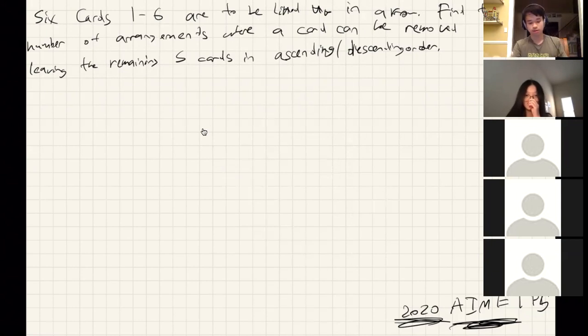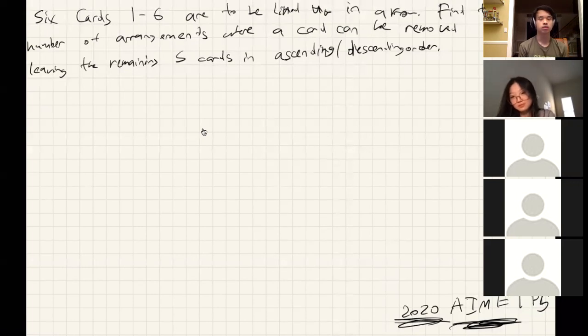So the way this problem goes is that 6 cards, 1 through 6, are to be lined up in a row. Find the number of arrangements where a card can be removed, leaving the remaining 5 cards in ascending or descending order, right? This is an example of one question where it is entirely possible for you to just list out everything and cross out the ones you don't want, and then count one by one, doing something very stupid, and you would end up with the final answer.